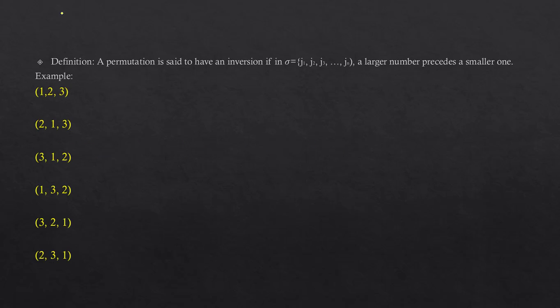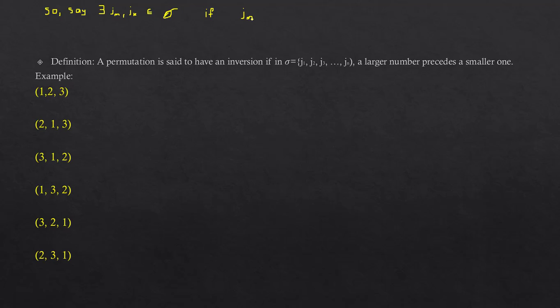So now on to another definition, the definition of inversion. Say that there exist some jm and jk in our permutation.